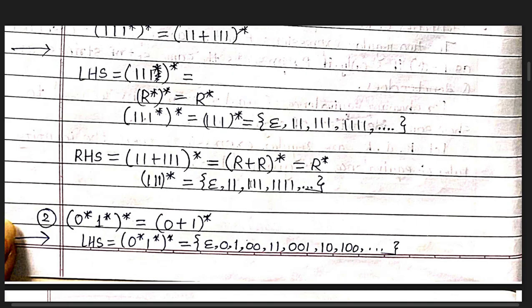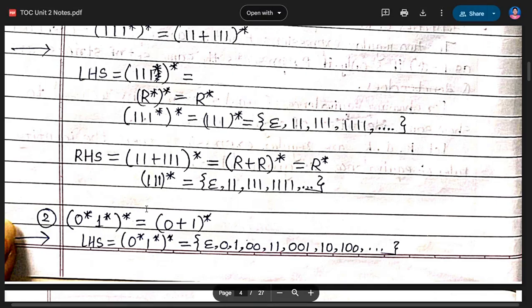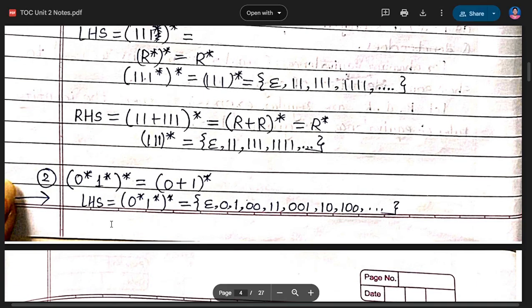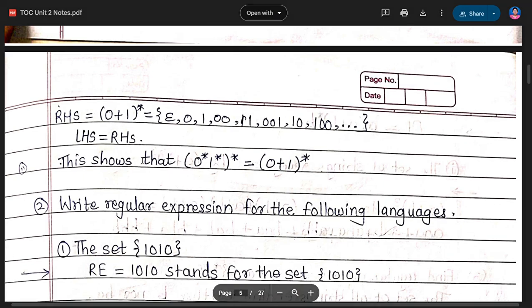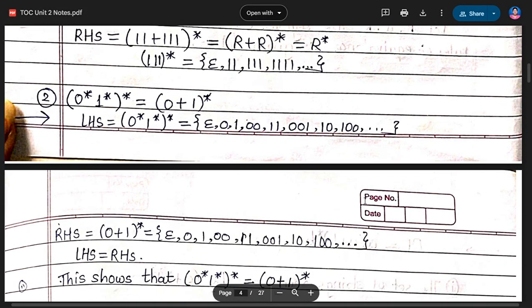So (111 star) means again what is the answer? Epsilon, 11, triple one, 4 times 1 and many more. This is the answer. Like this, an example is there. You have to solve this example. You have to try.